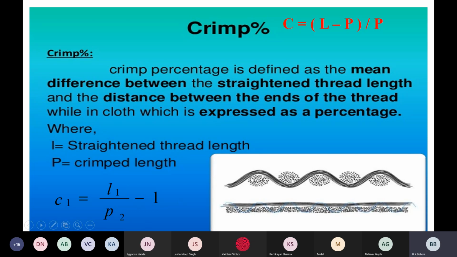If this is a warp yarn, then this is a weft yarn cross section, and this is the cross section of the fabric. They appear like this. We express crimp this way: l1 minus p2 over p2 is the warp crimp. The weft crimp will be l2 minus p1 over p1. Multiply by 100 and it is percentage.